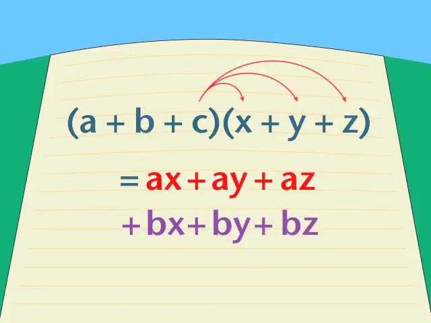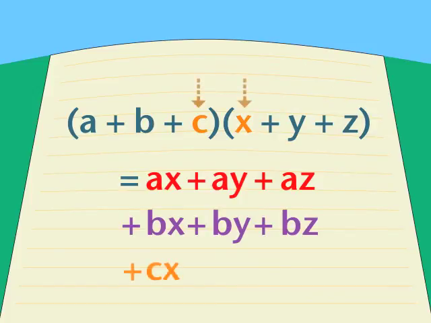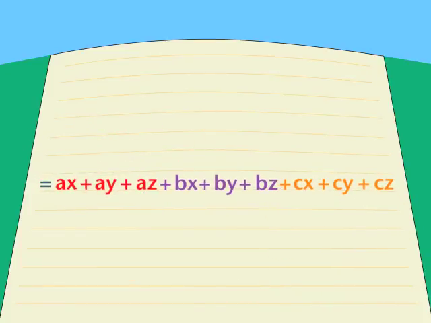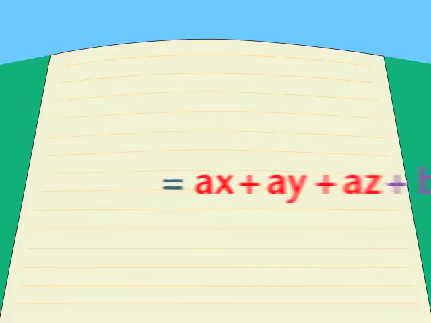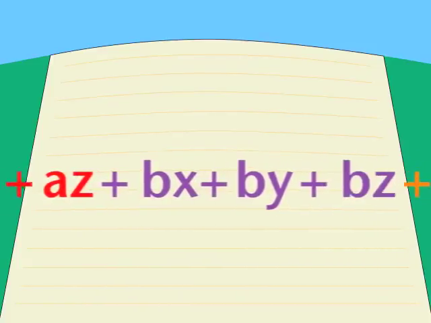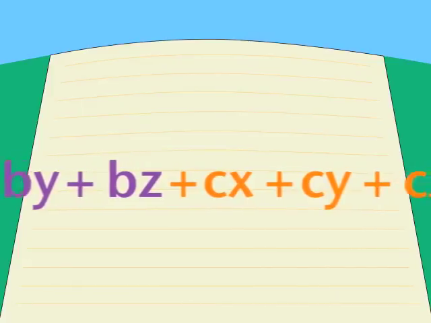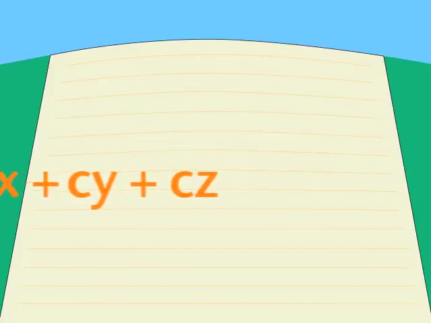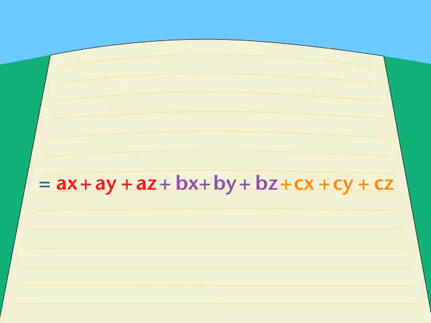And the third term times everything in the second brackets. Then combine the 9 terms from all 3 steps for a final answer. In this case, there are no like terms to combine, so the pattern stays very clear.